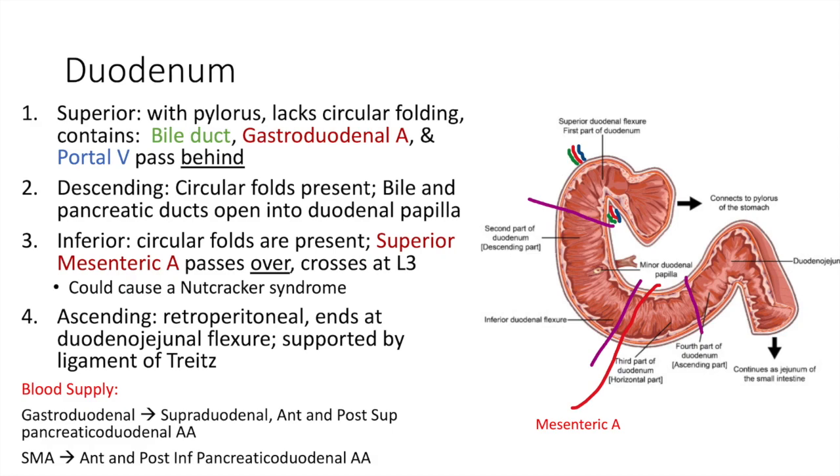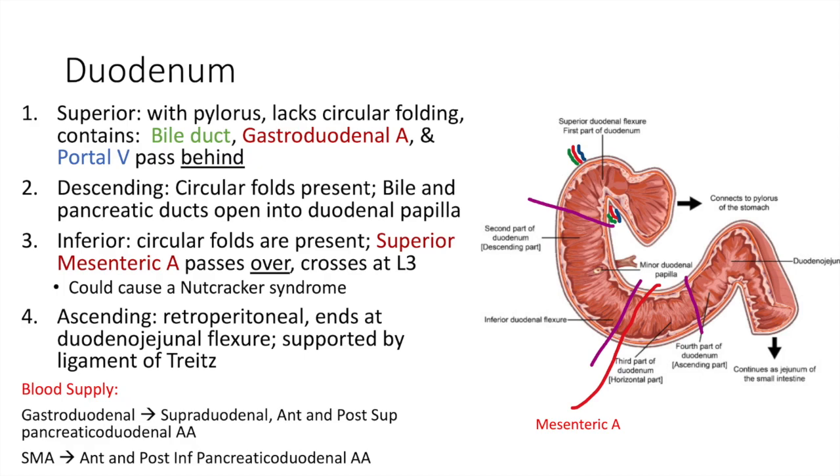The inferior portion has circular folds present, and then the superior mesenteric artery passes over it at L3, and you can see that that's what's labeled in the picture. Since the superior mesenteric artery passes over it, if it becomes inflamed or has an aneurysm, then that could press on the inferior duodenum and cause a nutcracker syndrome.